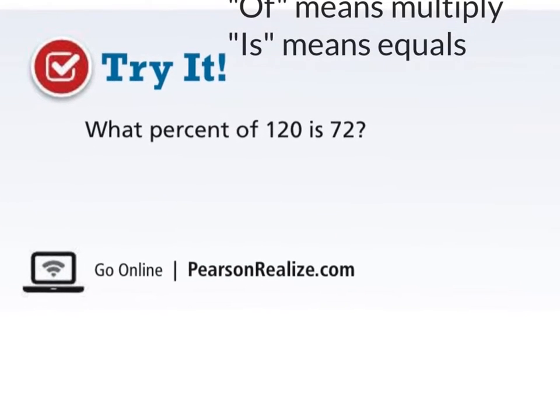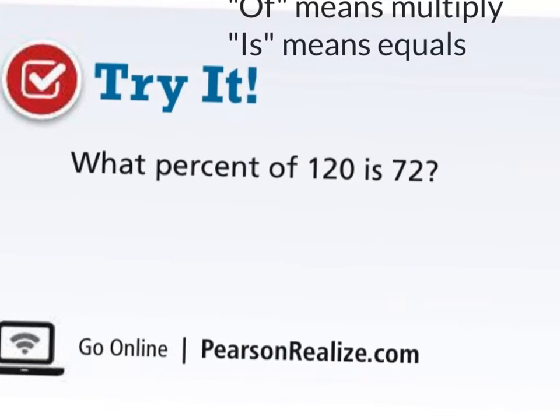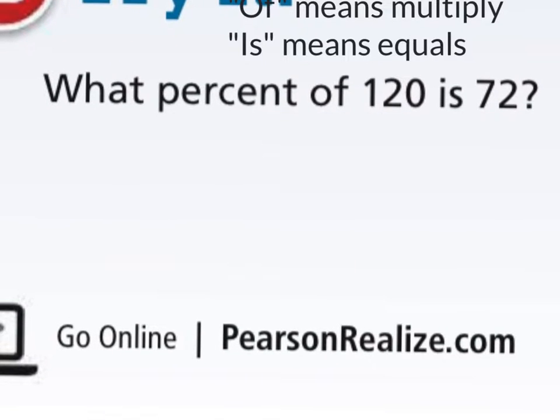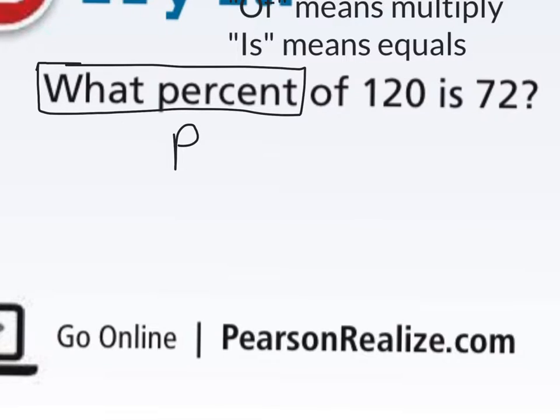So if we look at the Try It, it asks: what percent of 120 is 72? Again, we're just going to translate that into an equation. We see "what percent." If you want to just do P for percent, you can pick any letter you want.